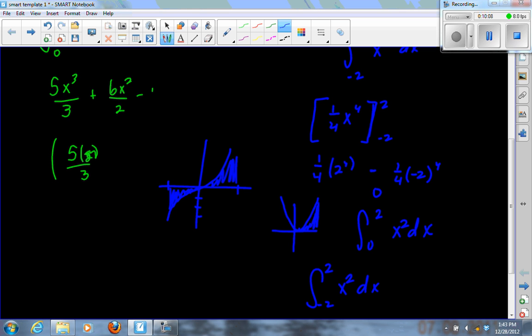Because here's from 0 to 2, from -2 to 2, this is symmetrically equivalent. -2 to 0 and 0 to 2 are the same amount. So that's why this one here will be half of this one. So you can use symmetry sometimes to figure out your integrals or to make integrals easier. But that's integration, definite integration to find area.